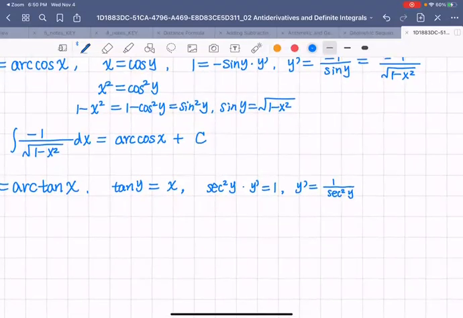So secant squared y equals how much? Trig identity, please. Do you remember?